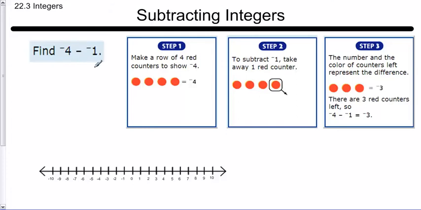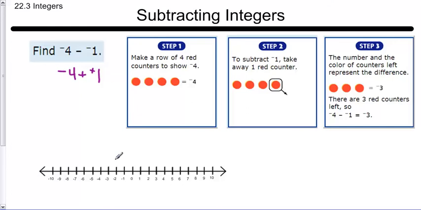So instead of doing -4 minus -1, what we're going to do is what we call add the opposite. So I change my subtraction sign to an addition sign, and thinking back to lesson number 1, what's the opposite of -1? Well, it's +1.